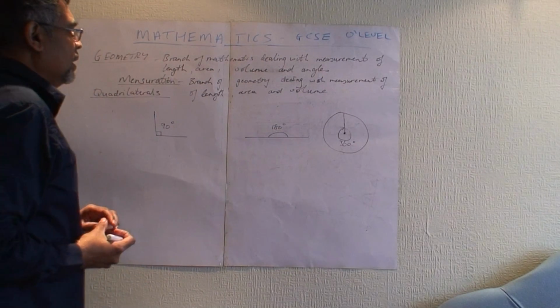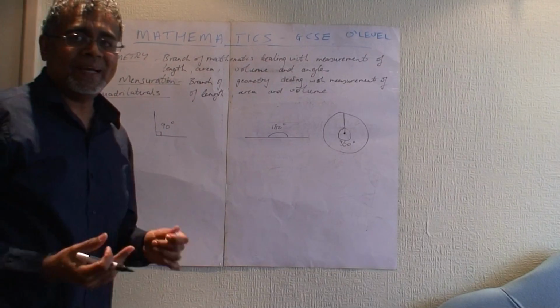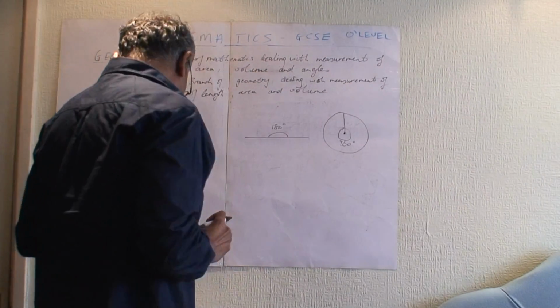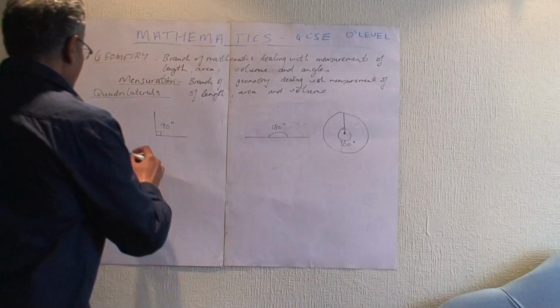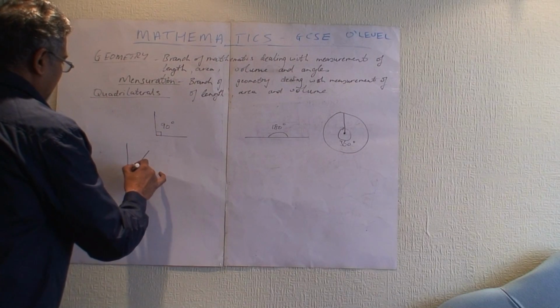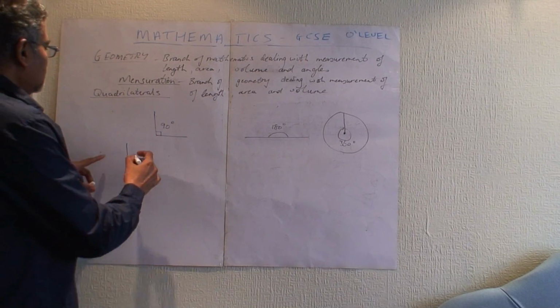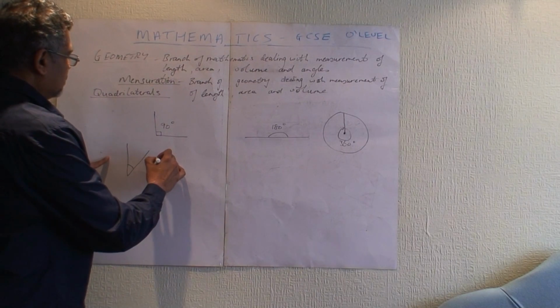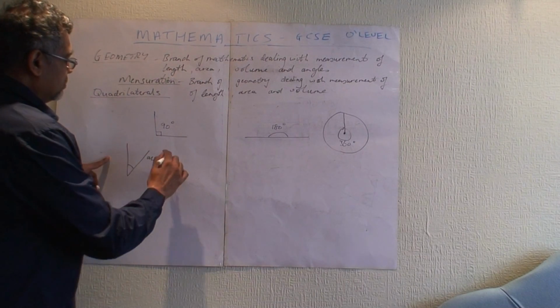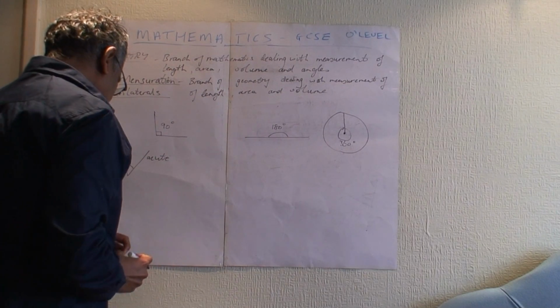Now, it's also important to understand the types of angles. If you have an angle that looks like this, what sort of angle is that? This is known as an acute angle.